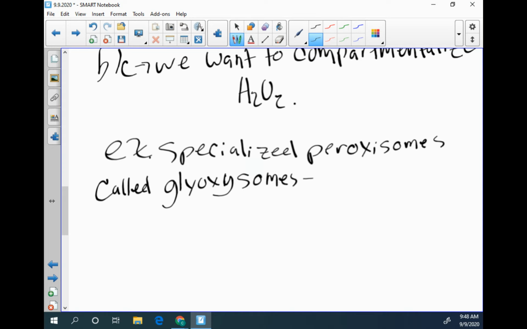They break down fatty acid, they break down fat storing plant tissues.